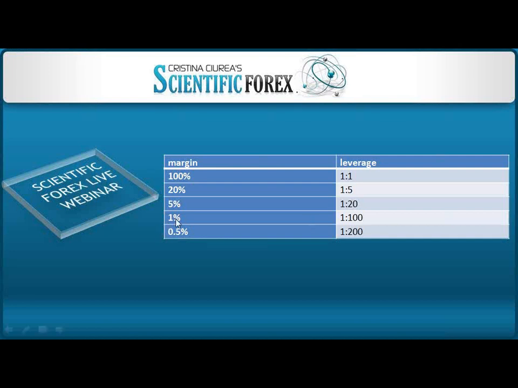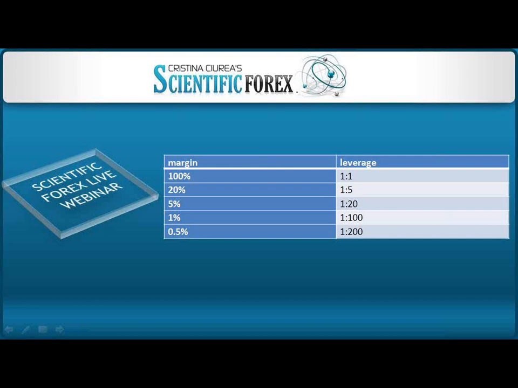For the Forex market, we have those types of leverage: 1-to-100, 1-to-200, 1-to-400, or 1-to-500. And also it depends if they are making the calculus for the leverage for points.